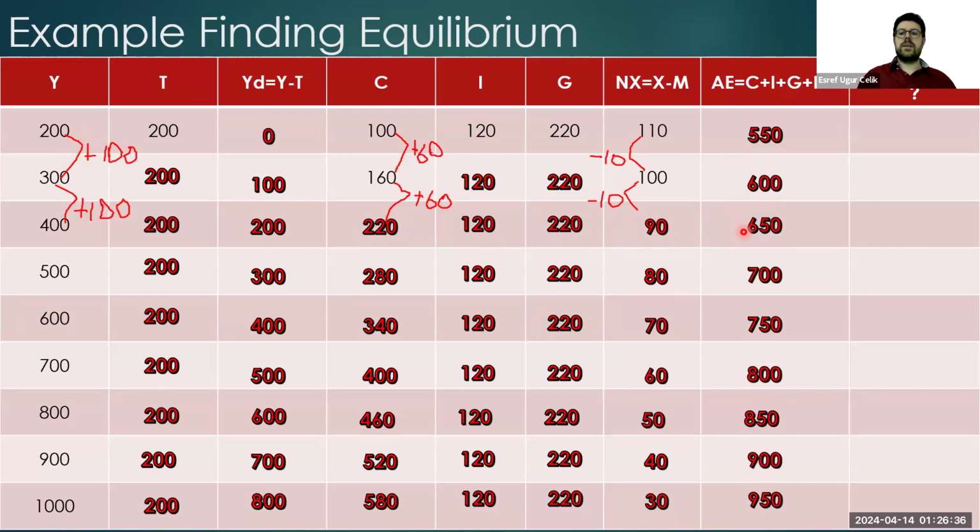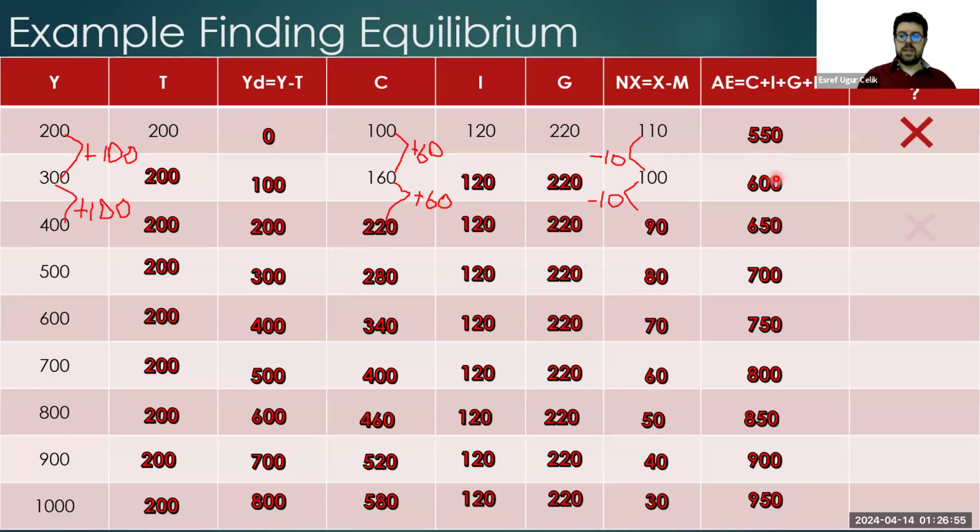So what is the answer? I said the equilibrium condition is when aggregate expenditure is equal to total income. 200 is not equal to 550.